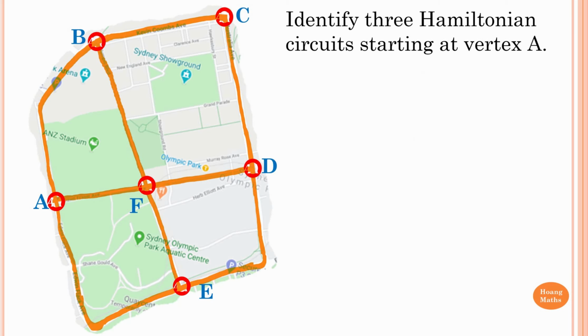Similarly, please stop the video and identify 3 Hamiltonian paths on this map here, starting at vertex I. Remember, a Hamiltonian path visits every single vertex and ends at a different vertex, if you like.